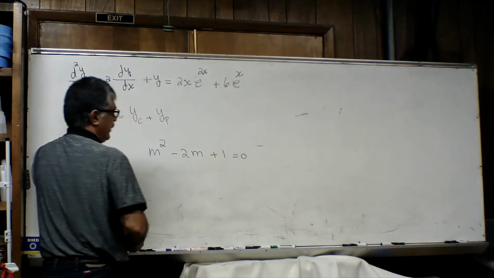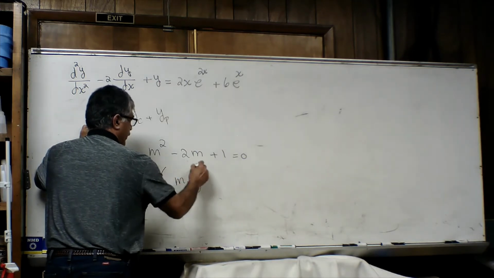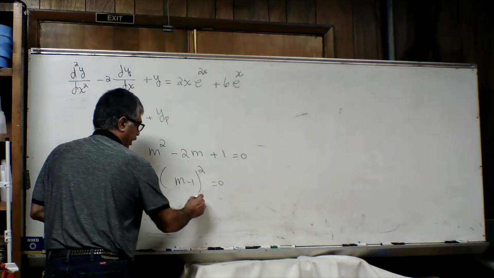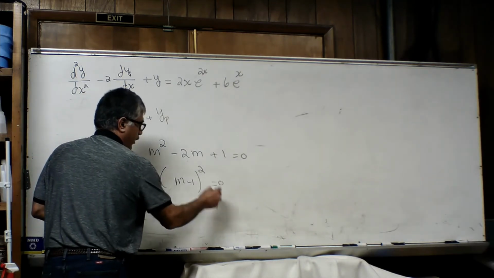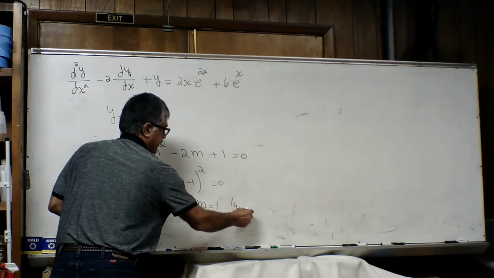Then we factor this out. We are going to have (m minus 1) squared is equal to 0. So our answer will be m equal to 1 twice.